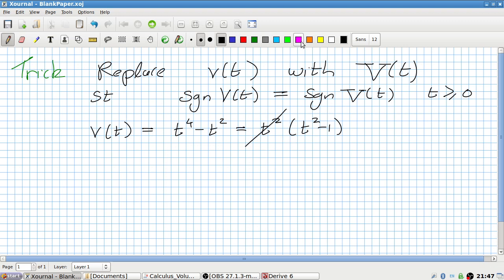It's only this part here where signs could change. So you could replace it with this formula instead, t squared minus 1. And yeah, it's a different graph, but it will cross the axis at the same point. So I'm sure there's a word for that trick. I'm not sure what it is.